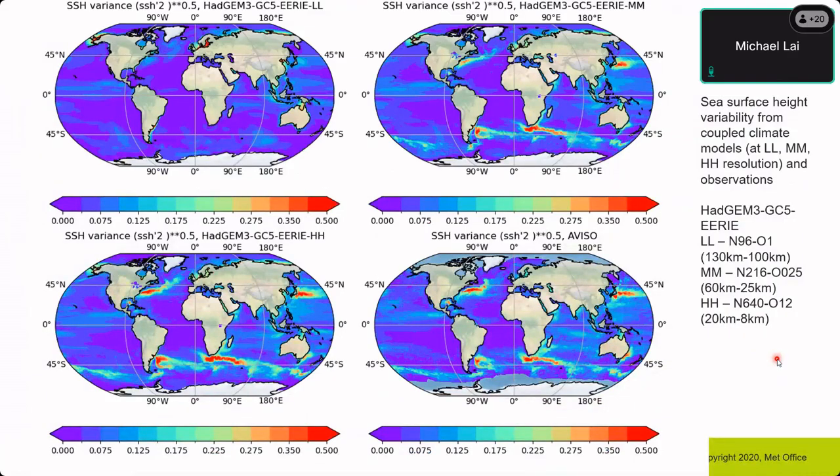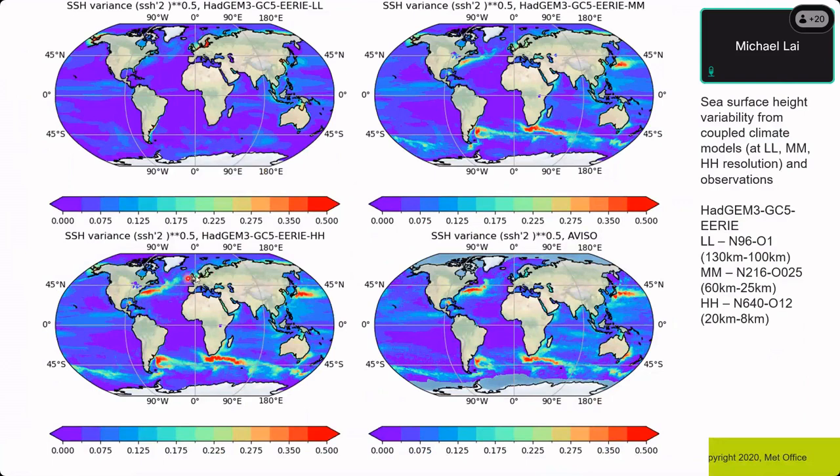There's a few other things, so you can look a bit at variability. So this is the sea surface height variance from, again, the low, middle, and high resolution model and from Aviso. And you can see as you increase the resolution, as we expect and as we know, we begin to pick out the boundary currents in a much better way.